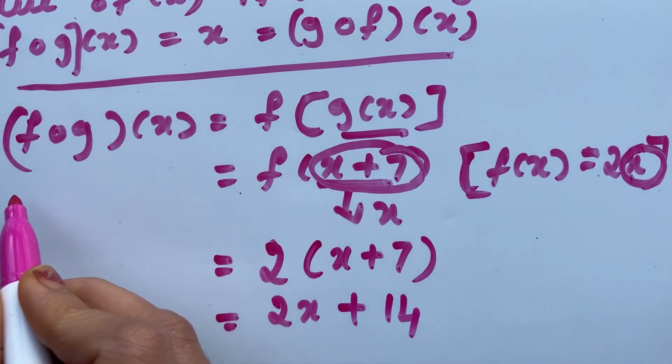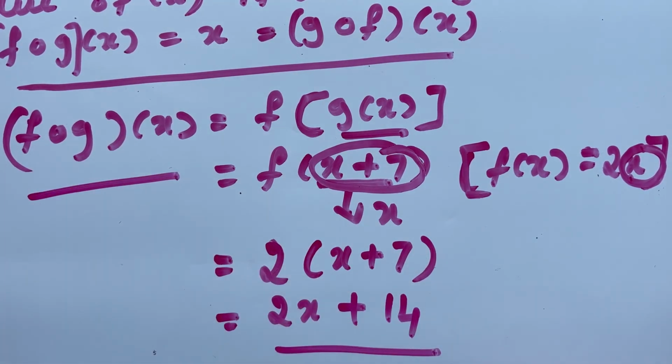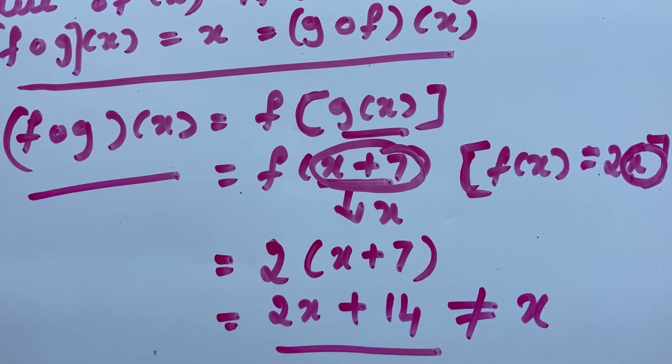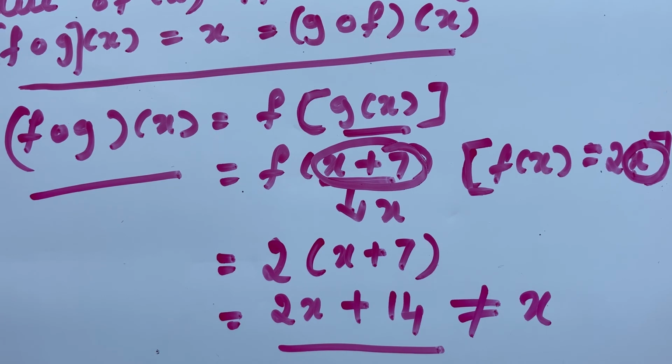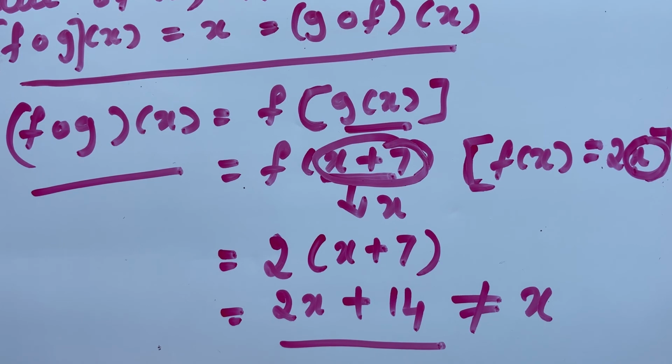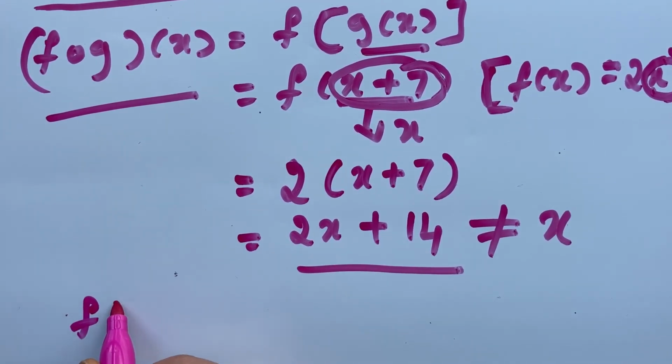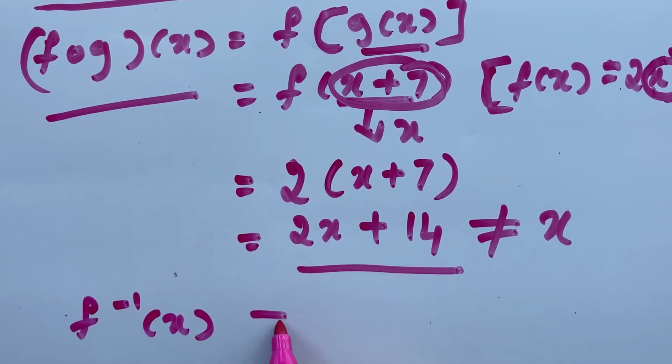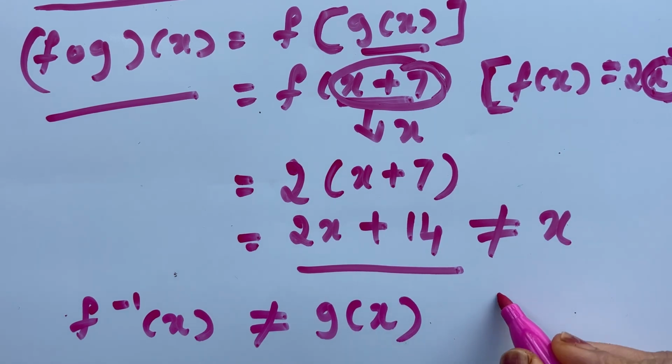So f composition g of x is 2x plus 14, which is not equal to x. That means the condition f composition g of x equals x is not satisfied. Therefore, we can say g of x is not the inverse function of f of x. That is, f inverse of x is not equal to g of x. So our answer is no.